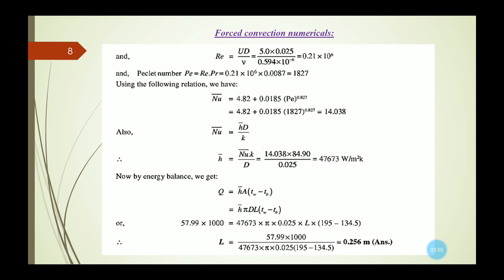So for all such types of numerical, you need to first calculate the value of the Reynolds number, based on which we will determine whether for the given length of the plate the fluid characteristic is laminar or turbulent. Based on that fluid characteristic, we need to use the corresponding formula of the Nusselt number.